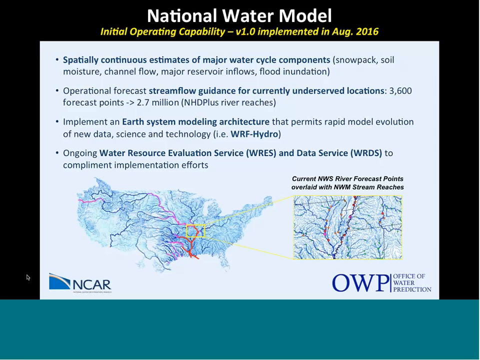So what is it? The National Water Model is operational streamflow guidance. It's not the replacement to the forecast, it's additional guidance values for over 2.7 million reaches within the National Hydrography Dataset, or NHDPlus version 2. This is a topological relationship of the names of the nation's rivers and streams, my apologies, that have comprehensive connectivity from the headwaters down to the main channels and out to the connections with the coast.